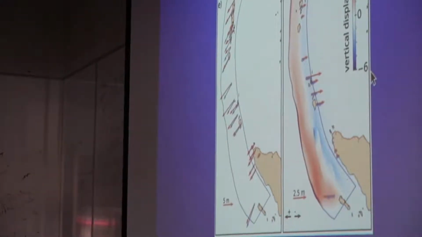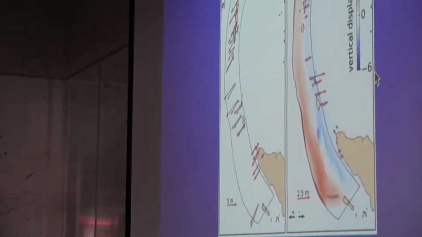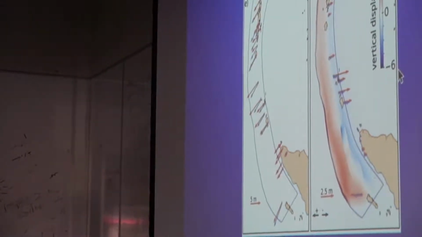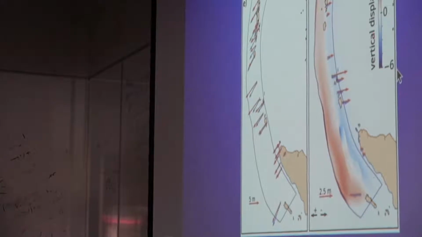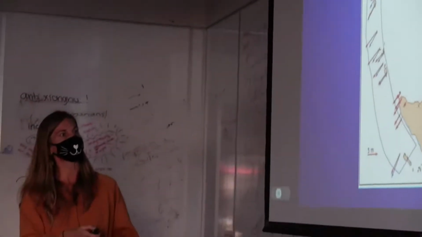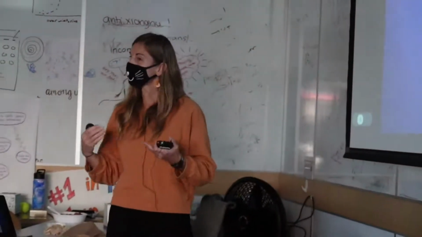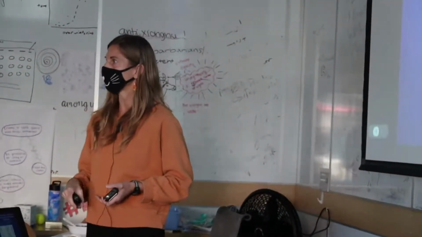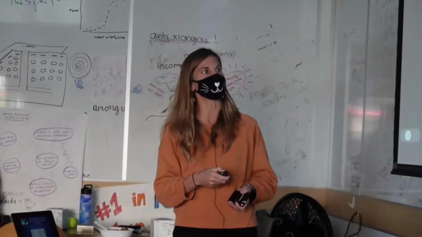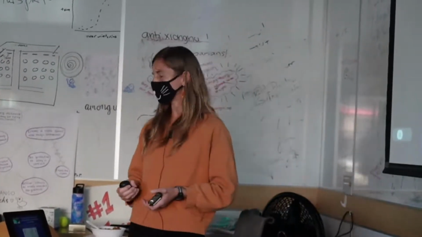So this is overlaid by the model result showing what happened at the sea floor in the vertical direction. It went up maybe up to 4.5 meters here, more at the trench. And it actually goes down when you're on the downside of the fault. But the blue is also modeled. Got it, okay.